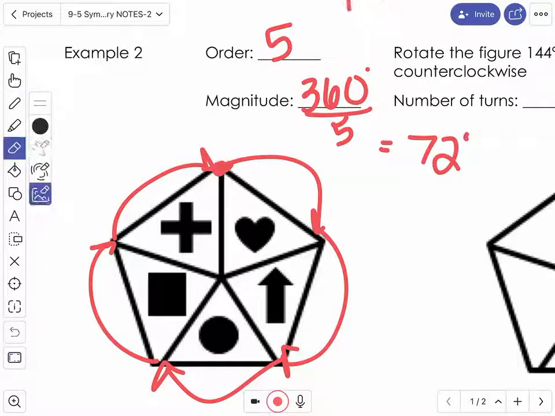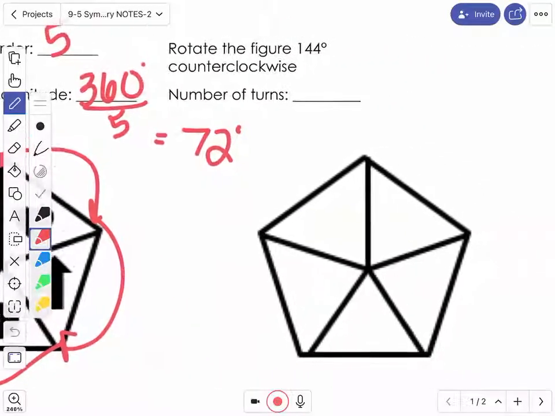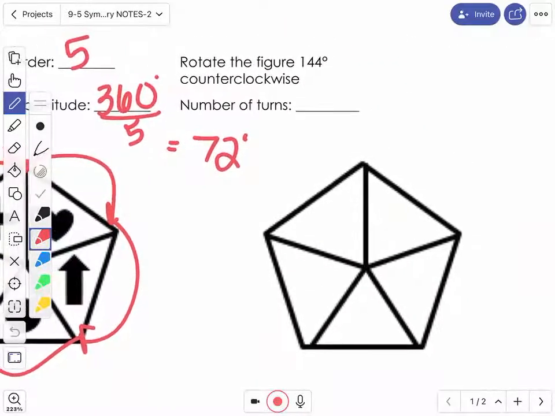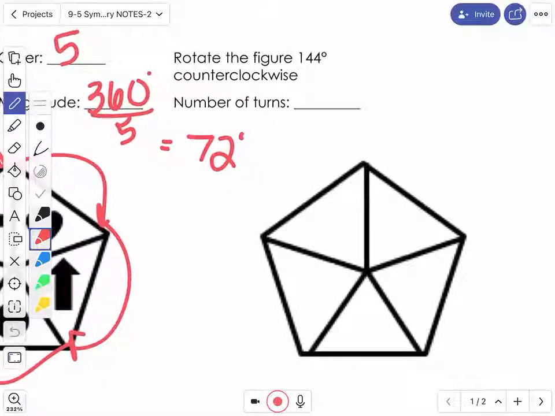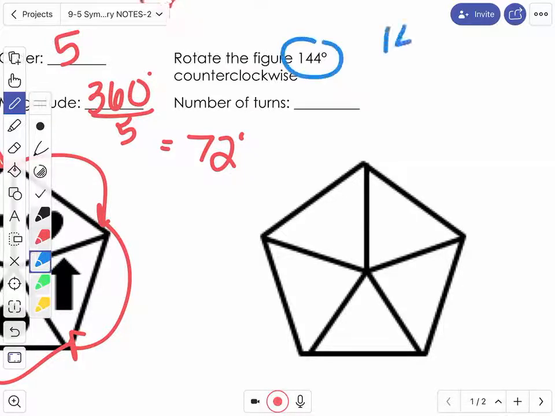All right, so let's use that now and figure out how many turns we're going to get out of our degrees. This time we've got a 144 degrees counterclockwise turn. So we need to see out of 144, how many 72-degree turns are we going to get out of that?